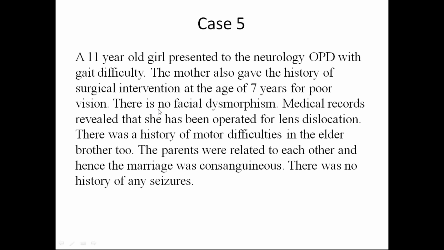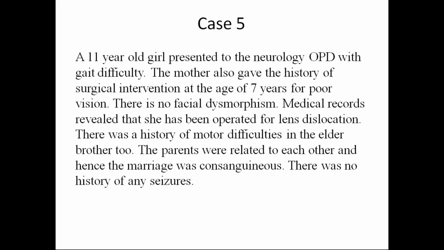But there is no dysmorphic feature of the face. Okay. And the medical record reveals that she has been operated on for lens dislocation. So this is also one of the important histories. There is also a history of motor difficulty in the elder brother too.